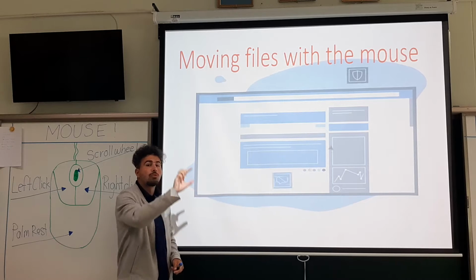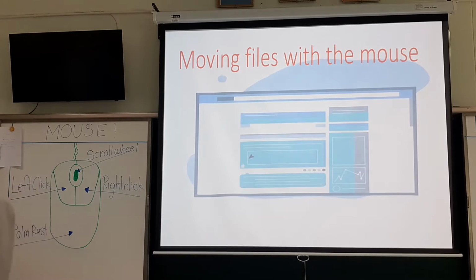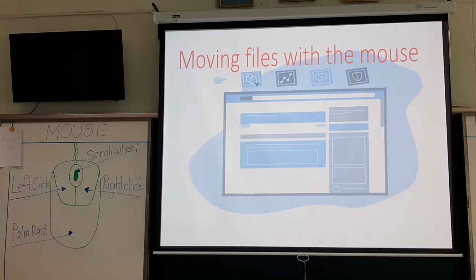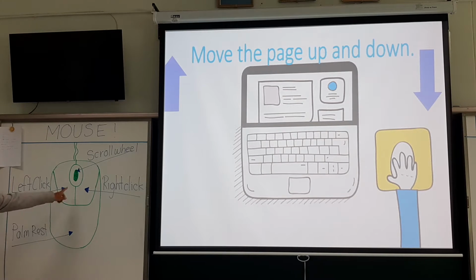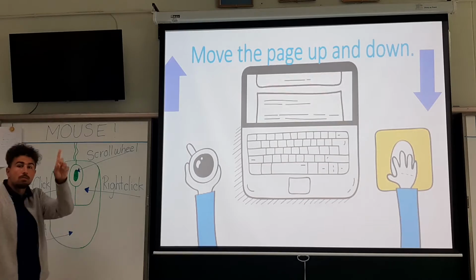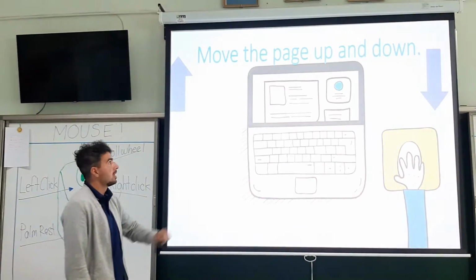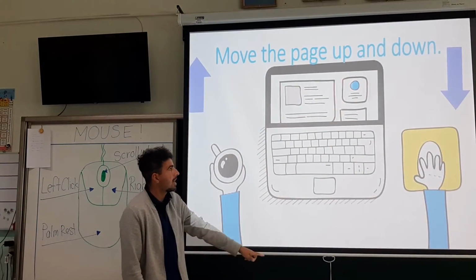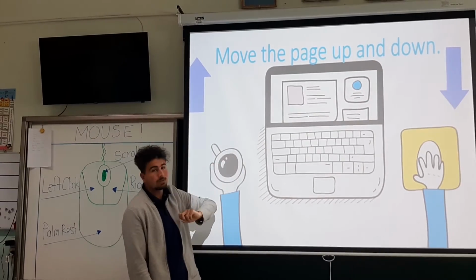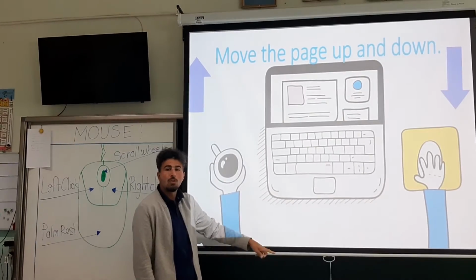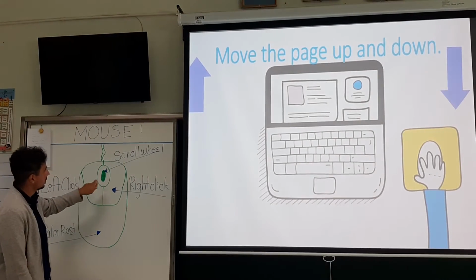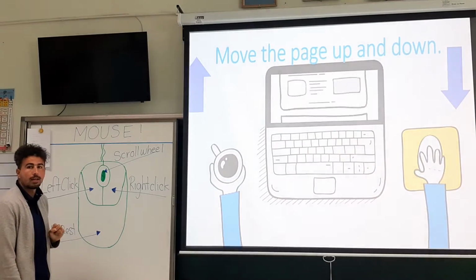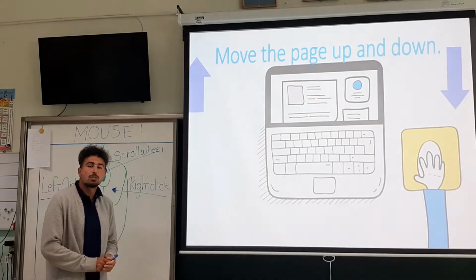Clicking and moving. I can also use this one here, the scroll wheel on the mouse. I can scroll down and up the page, just like this one here. All I have to do is move this wheel down or up, and that will move the screen.